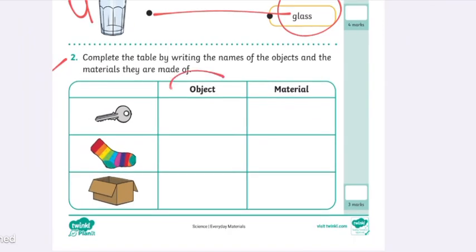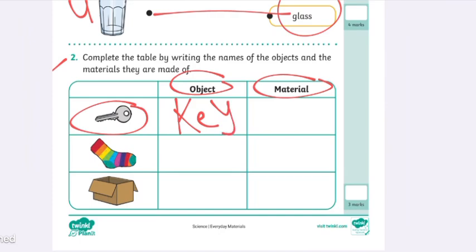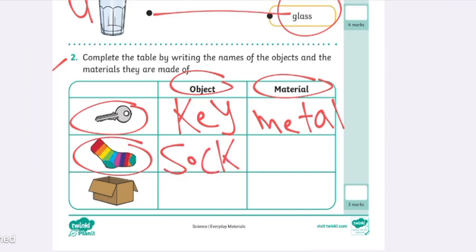So here you will write the name of the object. And this one you are going to write the material that this object is made from. So what is the name of this object? Key. And it's made from which material? Metal. What is the name of this object? Sock, because it's only one.